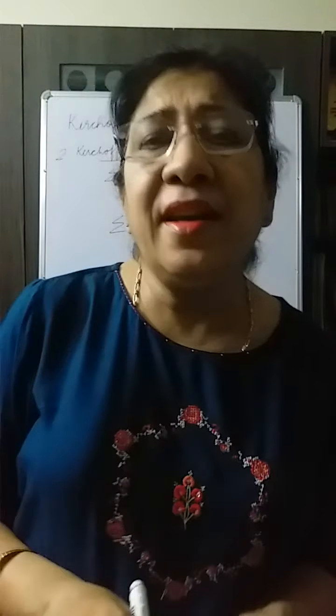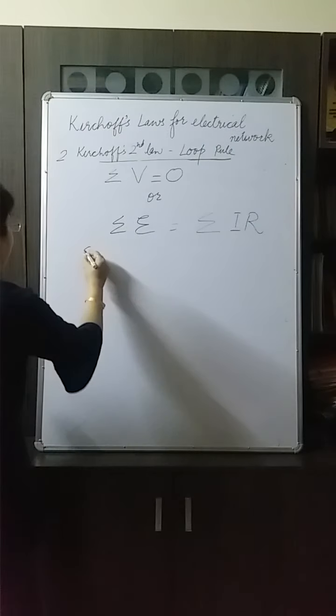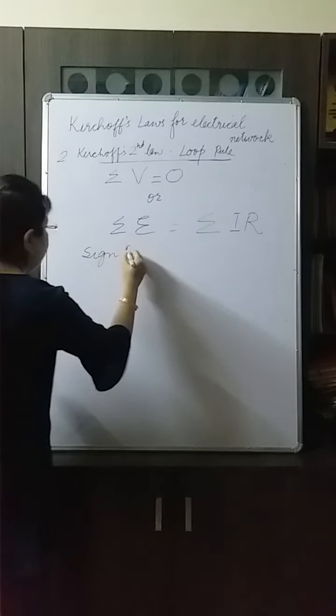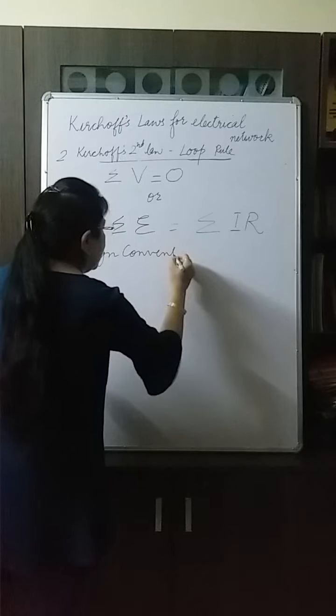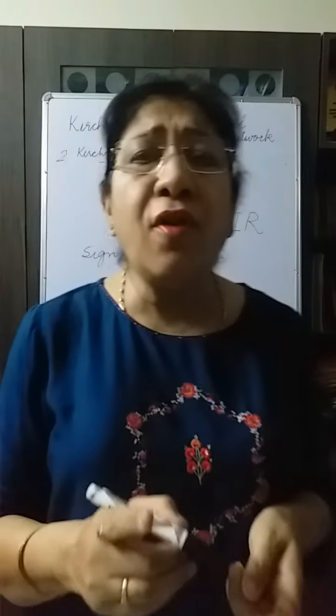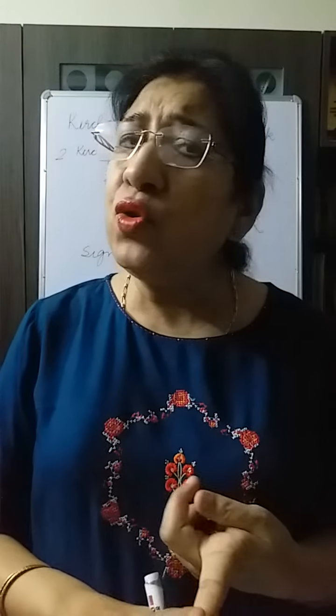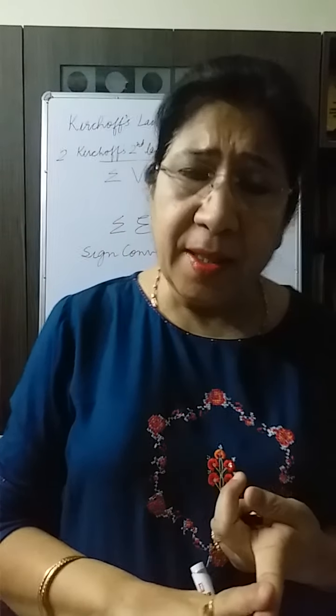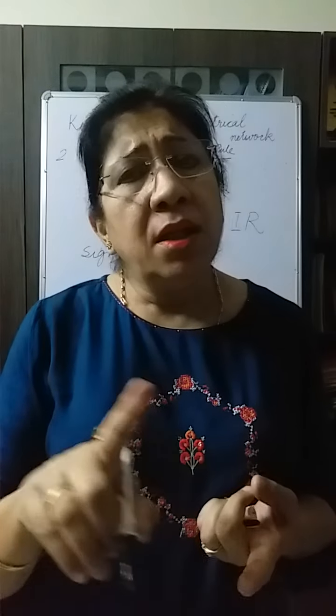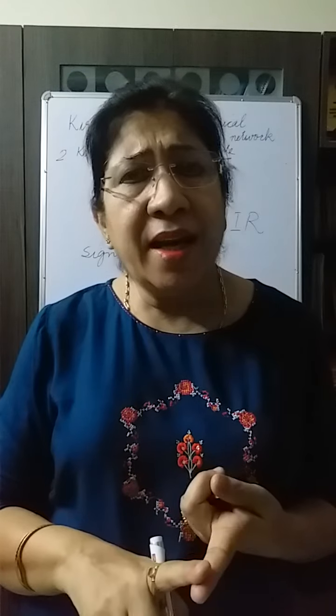To follow this sign convention, first of all, the first step is that we choose a loop in any circuit, a closed loop, and in the loop we mark a direction.